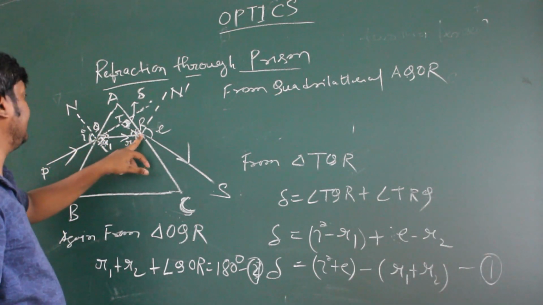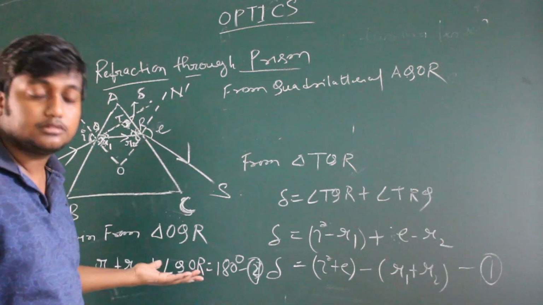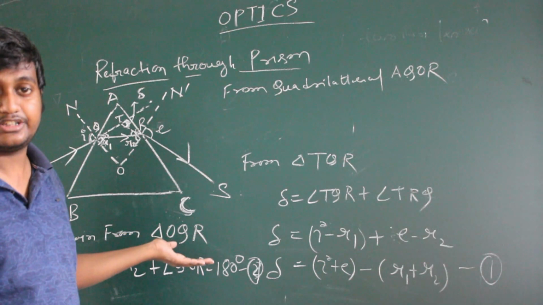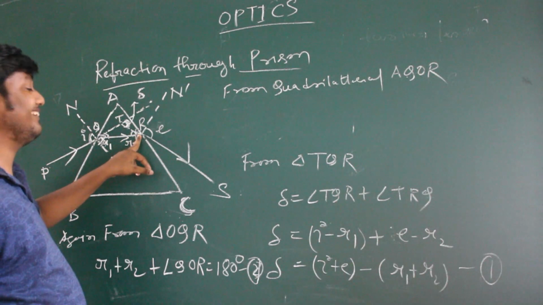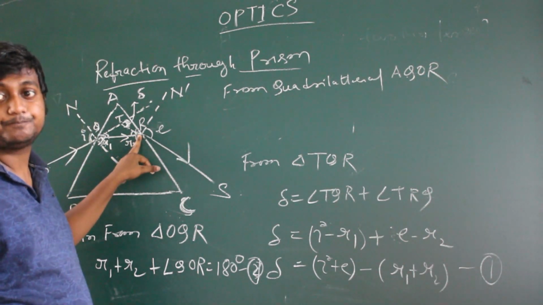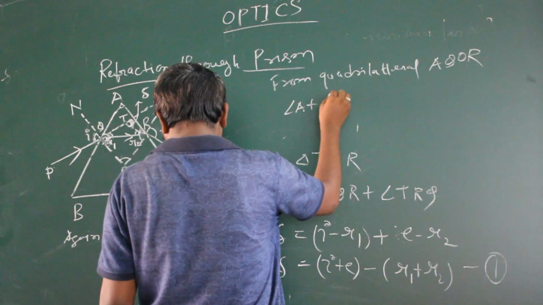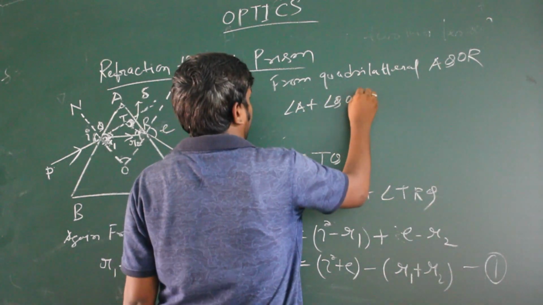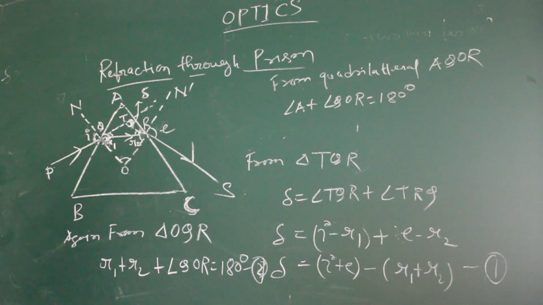We know the sum of the angles of a quadrilateral equals 360 degrees. So if the sum of these two angles is 180 degrees, then this plus this is also 180 degrees, so A plus angle QOR equals 180 degrees. Okay, is it clear?